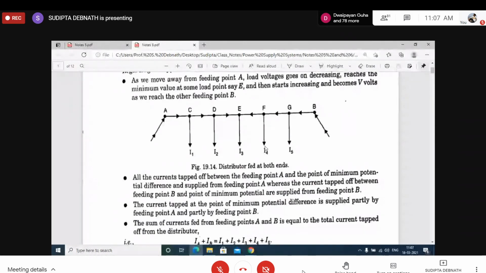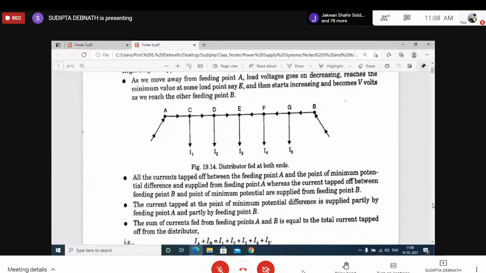Also, current in section GB, we will consider current flowing from G to B. Current in section GB will be IA minus I1 minus I2 minus I3 minus I4 minus I5, and that current will be equal to the current entering through the point B in the other direction, because we know that IA plus IB is equal to the summation of these load currents.